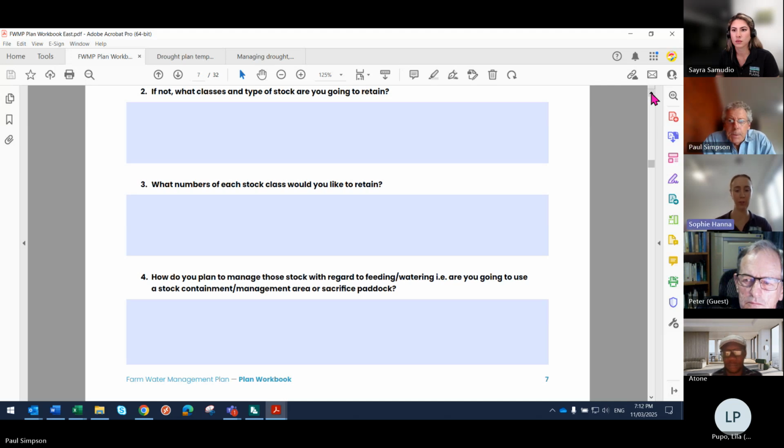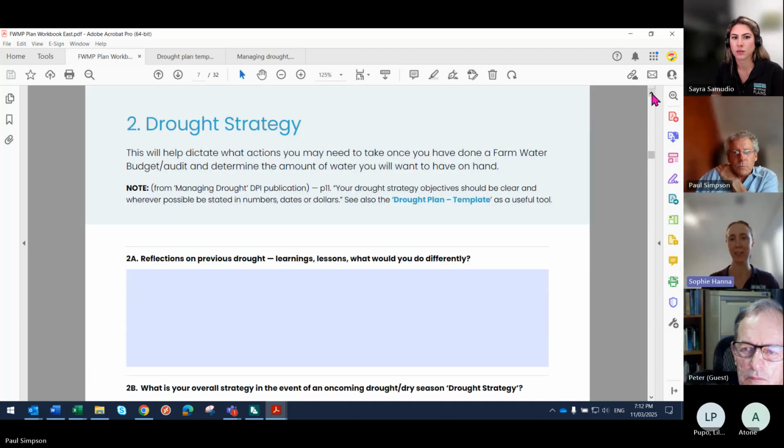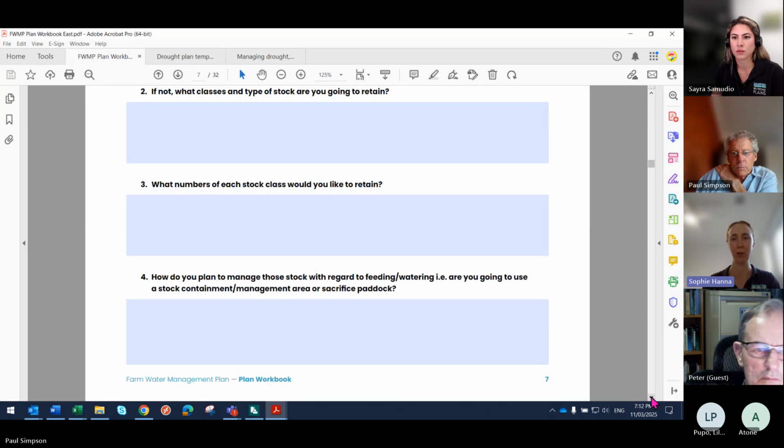Yeah, sure. I mean, certainly when it doesn't rain for a while, the water level in the dams drops a little bit. And with that, we know water quality declines as well, as the cattle have to walk in a little bit further, or sheep, depending which property you're on, to get the water, and then that will pug up the edges a little bit.